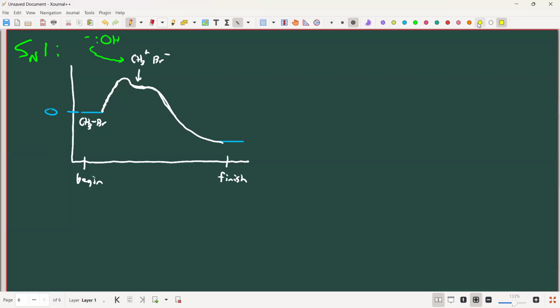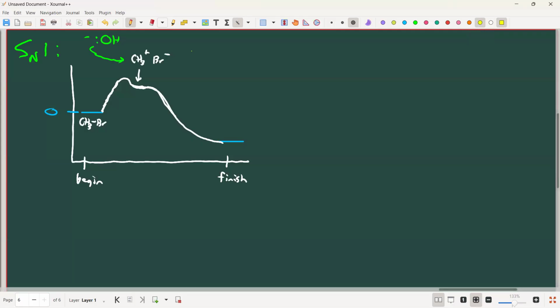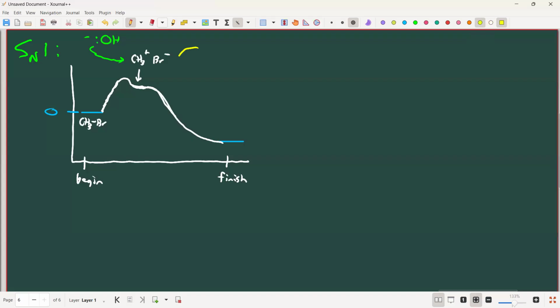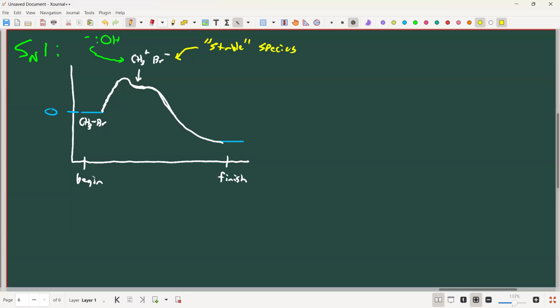So the way I've drawn this, this is the intermediate. It's the middle point, after the first step and before the second step. But in fact, this is at a minimum. These are in substance stable molecules. They're not very stable, but they're stable species in the sense that their energy is at a minimum.